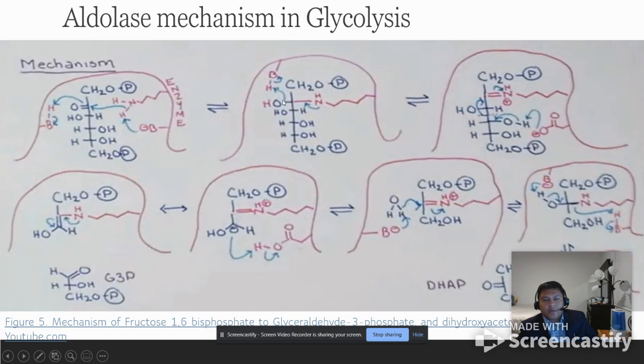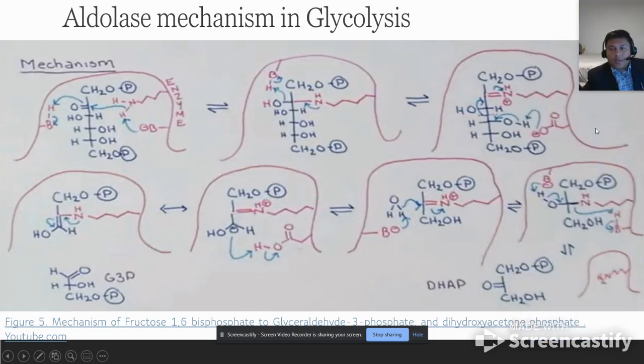You can see the various reactions, the hydrogen leaving the molecules, and this mechanism creates glyceraldehyde 3-phosphate and dihydroxyacetone phosphate from fructose 1,6-bisphosphate.